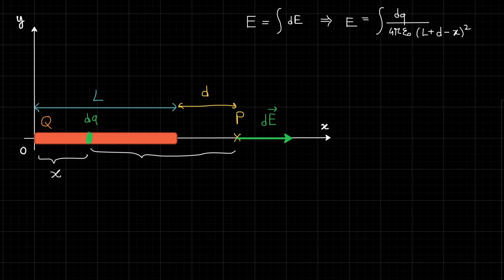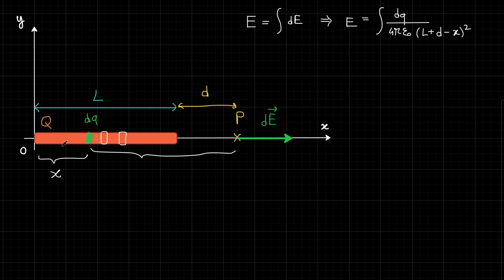Can we take the integral yet? Well, not really. Take a look at this expression. It has dq in it. We can't really integrate over dq. So let's think, as dq changes, what variable changes? Imagine other point charges along the x-axis like this that make up the line of charge. Well, each point charge has a different position x.